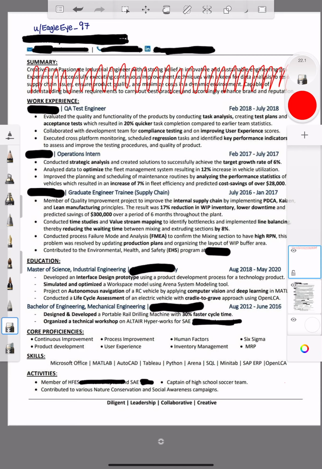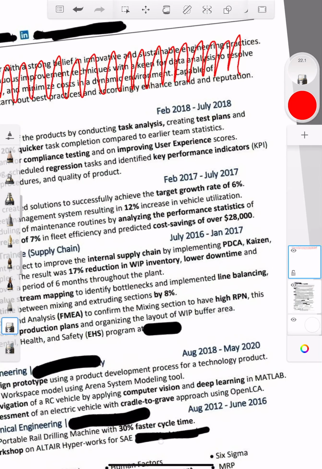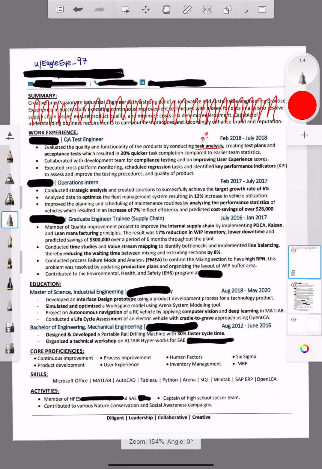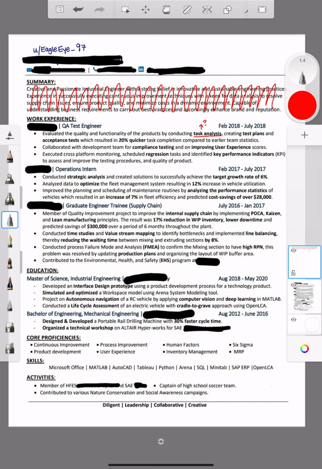I don't love it because I don't know what they mean by task analysis. Let me get, what do you mean by this? I'm going to put a little question mark. Creating test plans, I know what test plans are, and acceptance tests. And it's good that they say 20%.